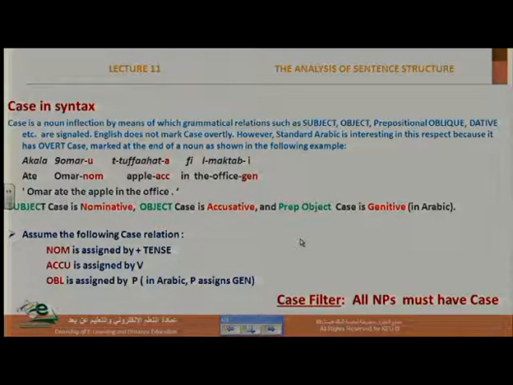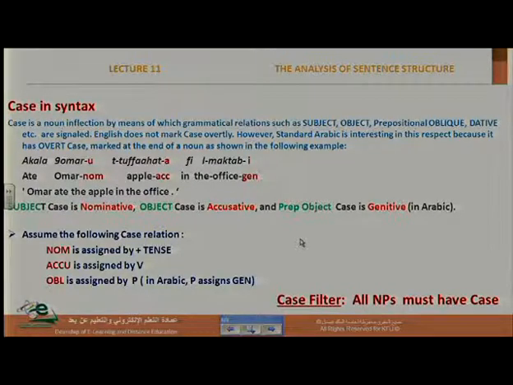Now, overt case in Arabic, at least in standard Arabic, not in the dialect forms of Arabic, is an inflection that signals, as we will see, grammatical functions such as subject, object, and so on. So case is essentially a noun inflection by means of which grammatical relations such as subject, object, prepositional, that is oblique case, dative, etc., are signaled.